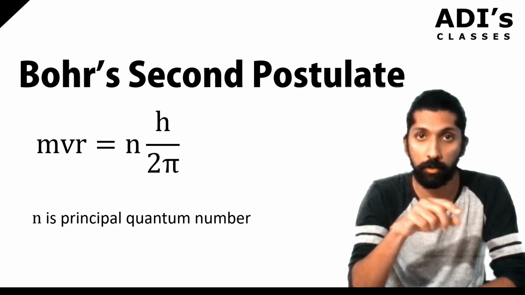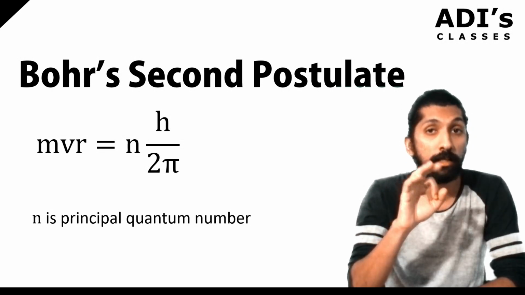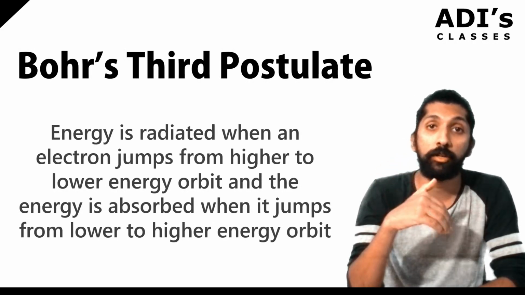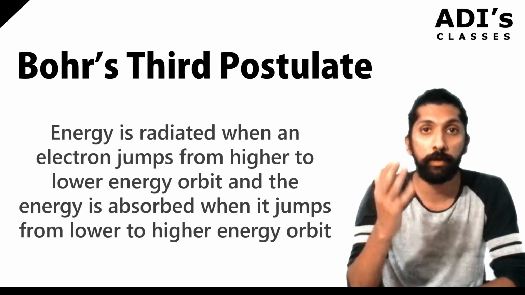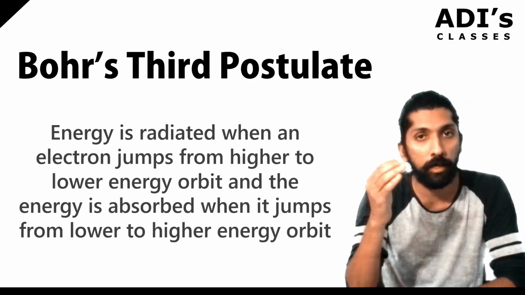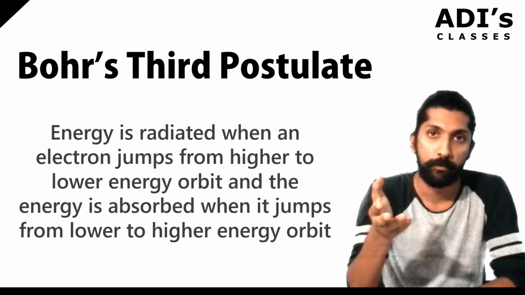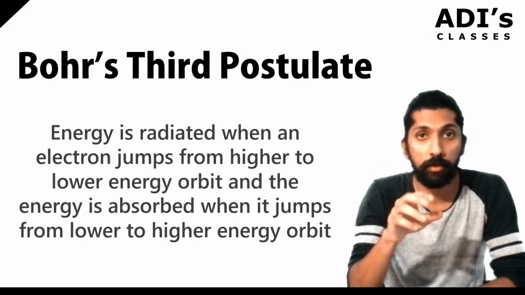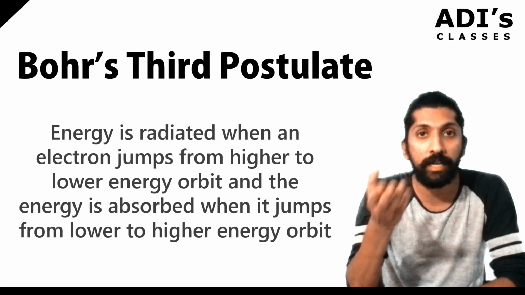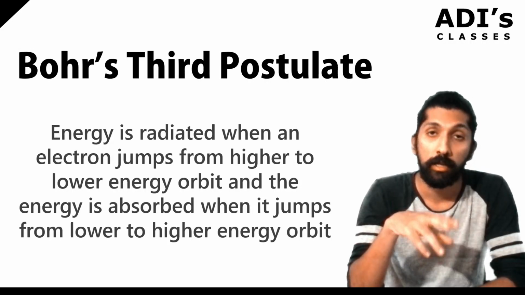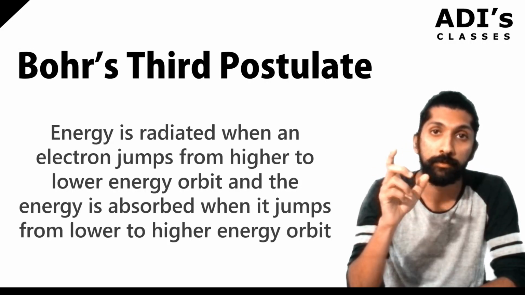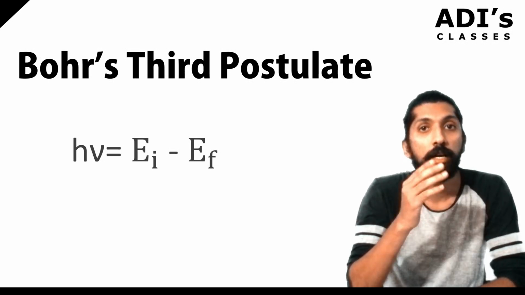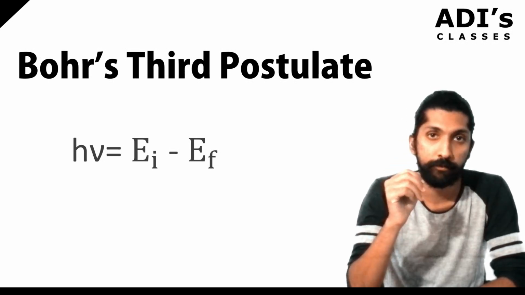The third postulate is about energy: an electron jumps from lower to higher when it absorbs, and from higher to lower when it emits, and the energy of the radiation is given by the difference in the energies of the orbits, that is, h nu equals EI minus EF.